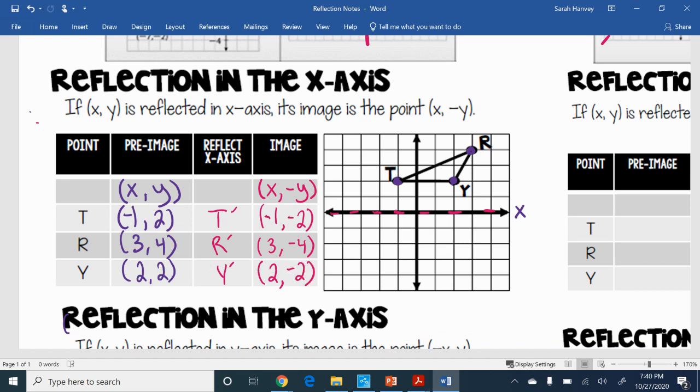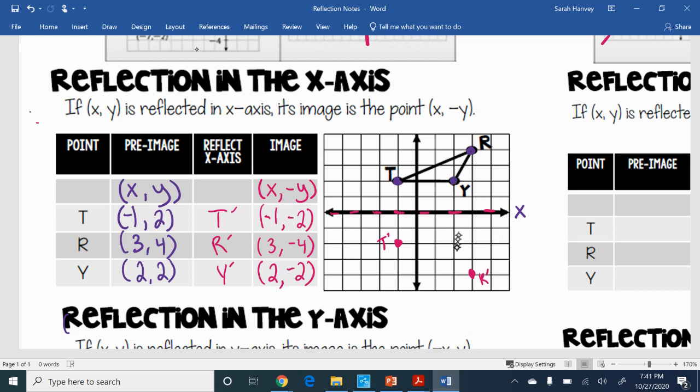And then you're just going to go ahead and plot those points. So we're going to go left 1, down 2, and make sure you label it. That's going to be T prime. We're going to go right 3, down 4. That one is going to be your R prime.